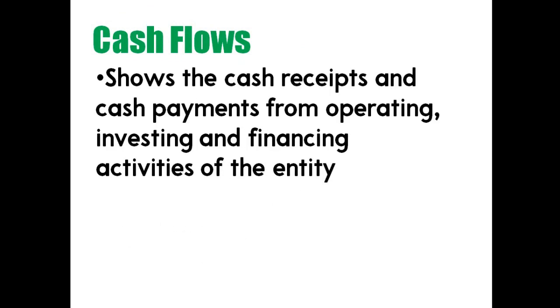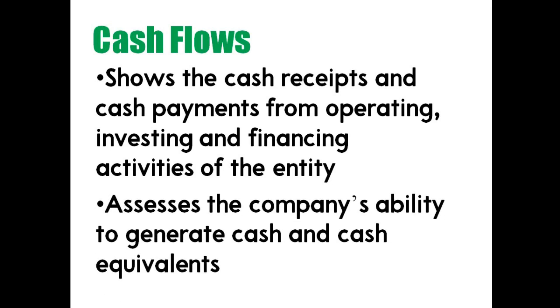Okay? Cash flows, we have. It shows the cash receipts and cash payments, categorized as operating, investing, and financing activities of the entity. You know operating, investing, and financing. Okay? And maybe those I taught before, I gave you tips on how to categorize instantly, so categorizing into operating, investing, and financing activities is easier. We will discuss that when we get to cash flows.